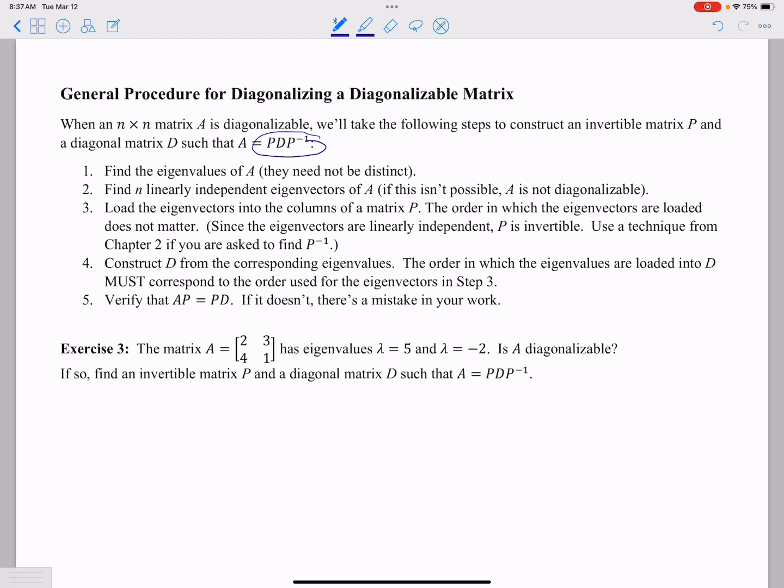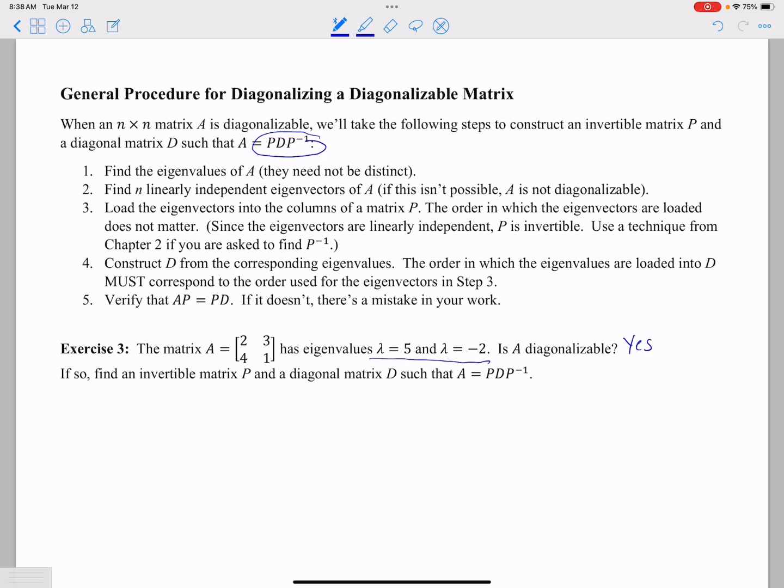Exercise 3 gives us a matrix, and it tells us the eigenvalues and asks, is it diagonalizable? And we say yes, we know that immediately. Because it's a 2 by 2, there will be 2 eigenvalues. Because they are different, that means they are distinct, so it is guaranteed to be diagonalizable.